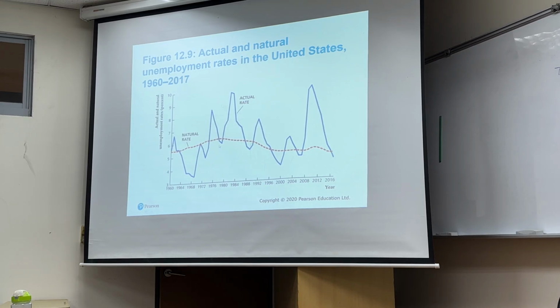Basically it's kind of stable, but the same situation, it is going down, because there are so many immigrants going to the United States. Okay, it still has a strong labor market.